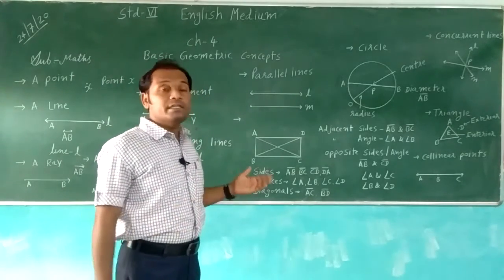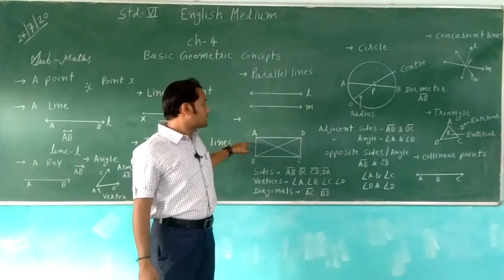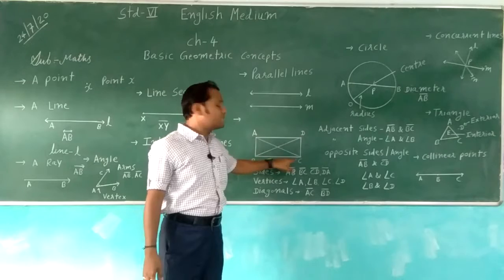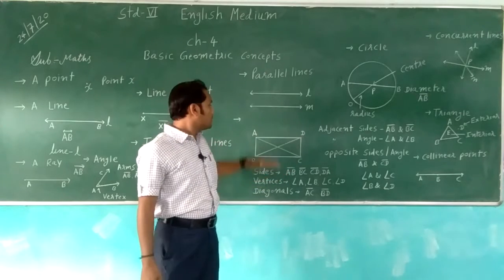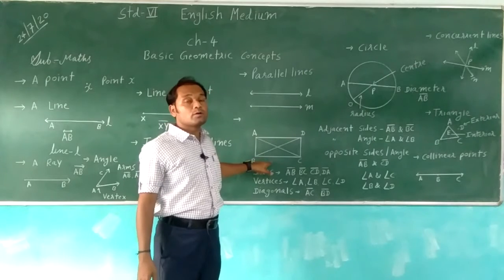Now we'll see opposite sides. In this figure you can see that line AB and line BC are both opposite, because this line and this line are called opposite.